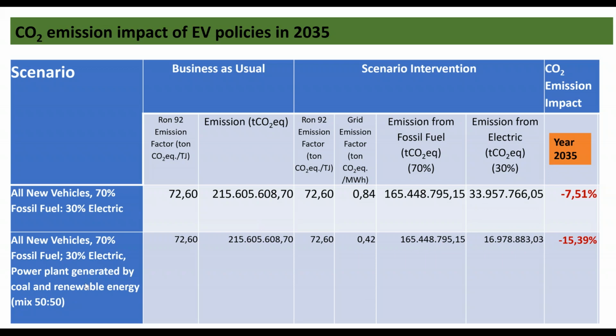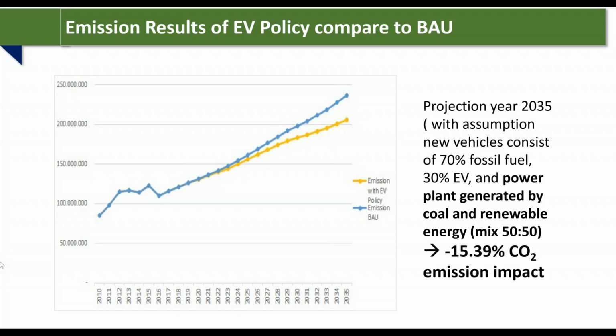And if the power plant is generated by 50% coal and renewable energy, then we can bring down the GHG emissions even more, doubled, up to 15.39%.